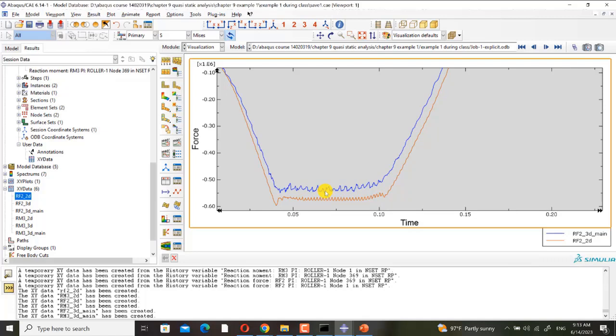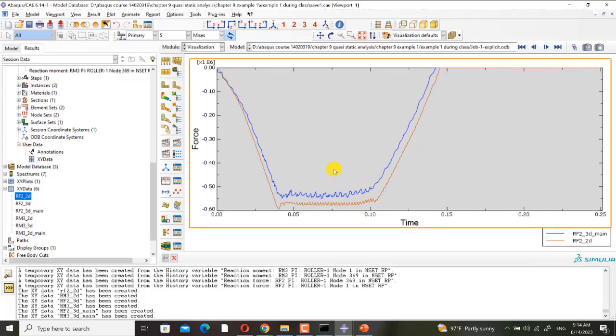That deformation in the z direction is the cause of difference, because when you assume it to be uniform, it means that the billet is stiffer, but here it is not stiffer, and because of this you can see that the absolute value of reaction force in the y direction in the 3D model is less.